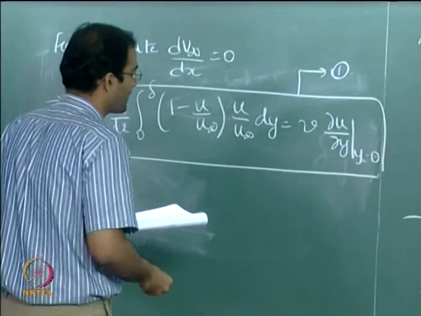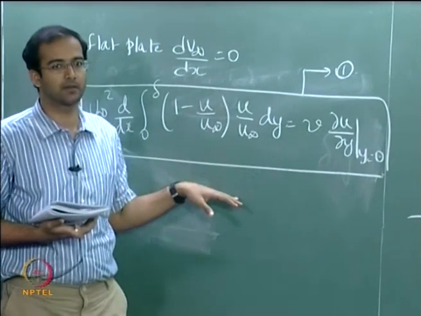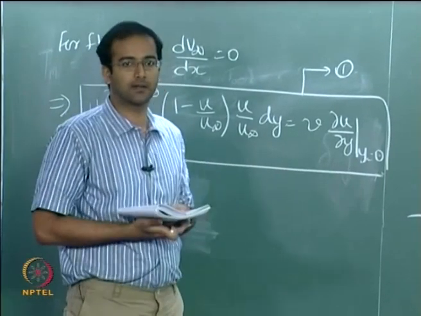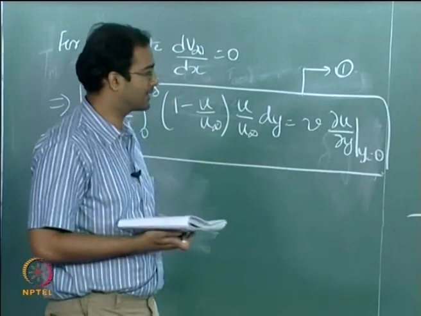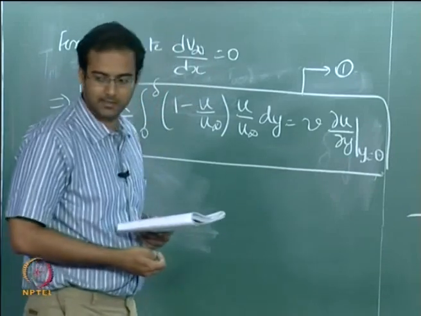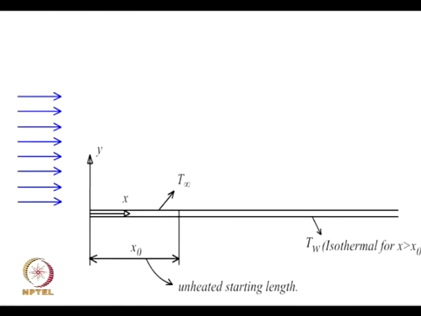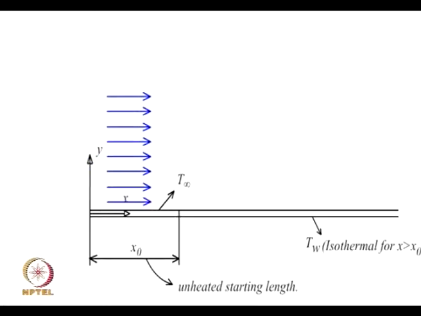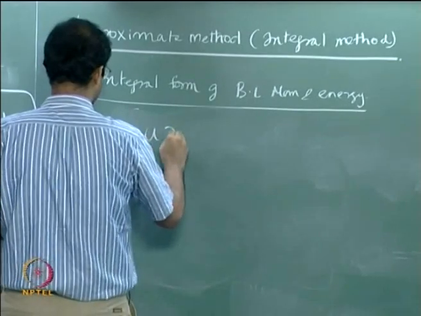Now in the same way we will derive the integral form of the boundary layer energy equation. We start from the conventional boundary layer energy equation, and then we integrate it across the boundary layer thickness, and we arrive at a similar integral energy equation. So we start with our standard energy equation.